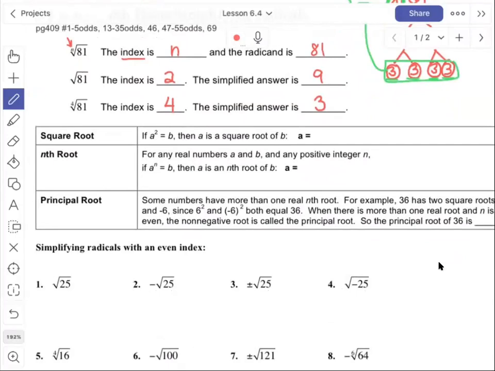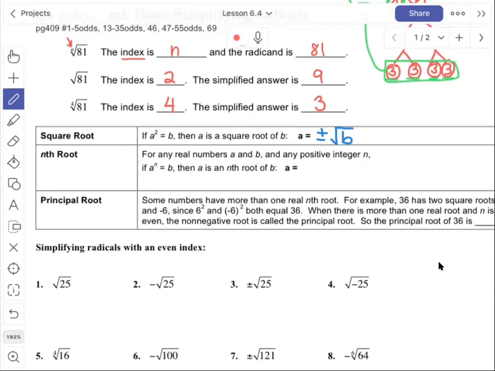Okay, so square root. If a squared is equal to b, then a is the square root of b. And what that means is a is equal to plus or minus rad b. All right, don't forget that plus or minus.